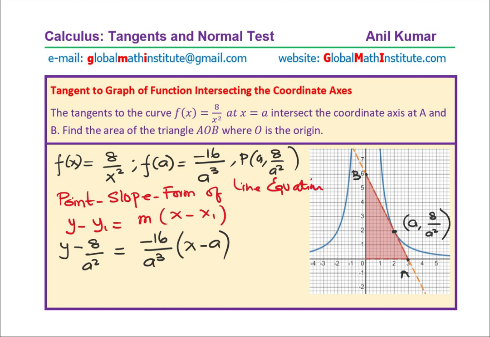Perfect. So we get the equation of the tangent line in slope intercept form, right? So this is the equation of the tangent line. Once you have the equation, we now need to find the x-intercept and the y-intercept.